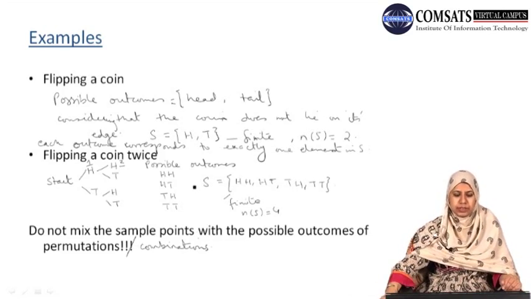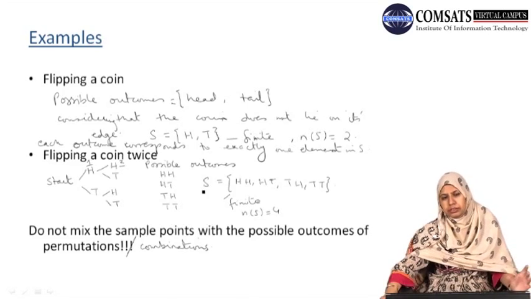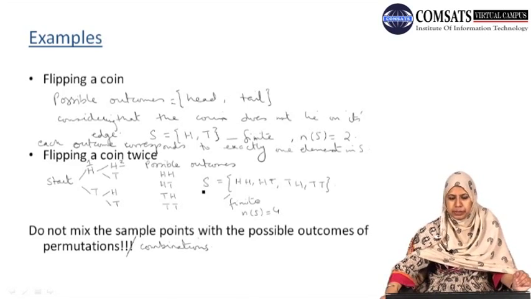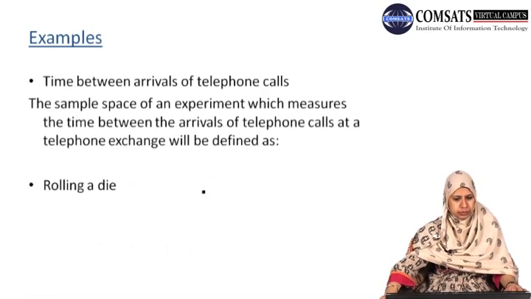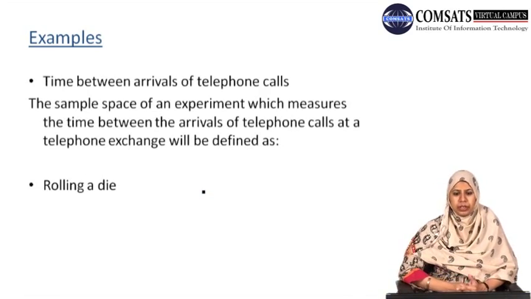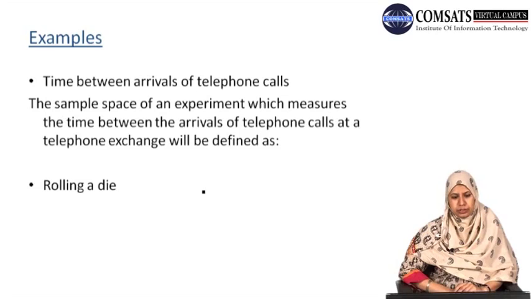Okay, now we have seen two very simple examples from which we can understand finite or infinite sample space, the possible outcomes, and the size of our sample space. Let us consider one more example, that is the time between arrivals of telephone calls at a telephone exchange.